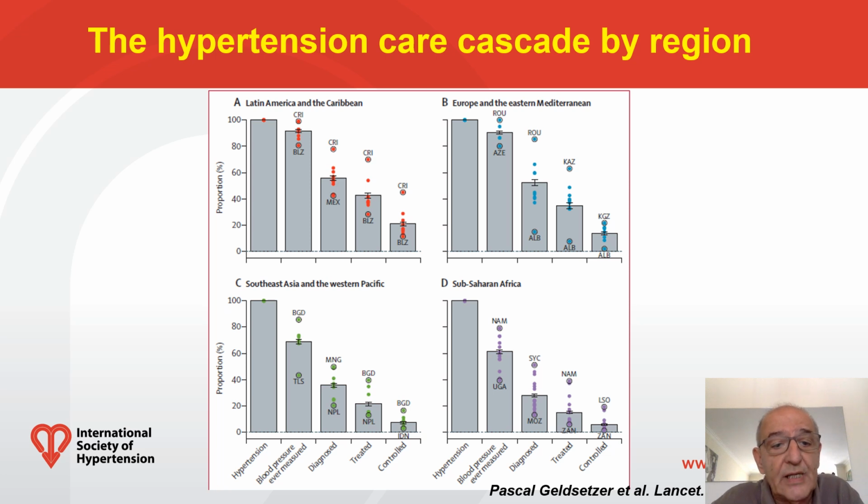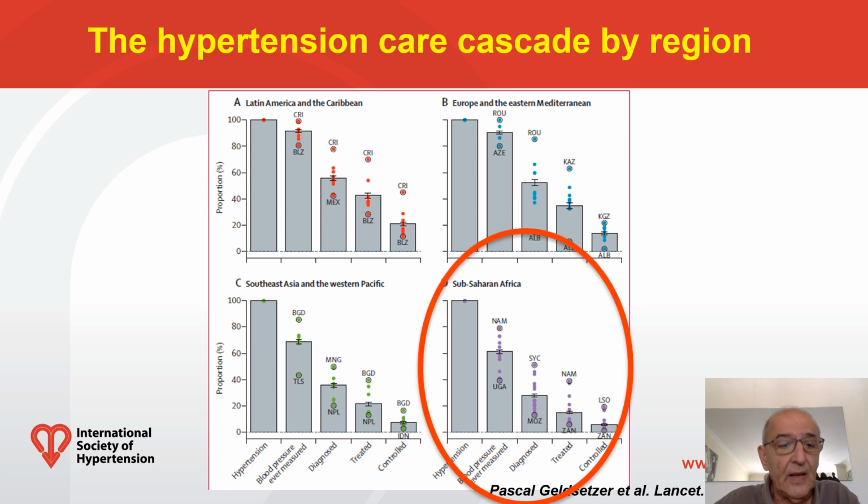From 100 hypertensive patients, a little bit more than 60% have had their blood pressure measured. Around 35–40% have been diagnosed as being hypertensive. Of those, less than half are on treatment, and less than 10% are controlled. So we have a very bad situation in terms of control.